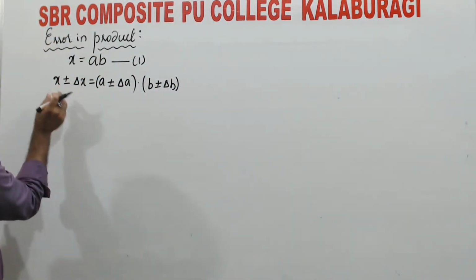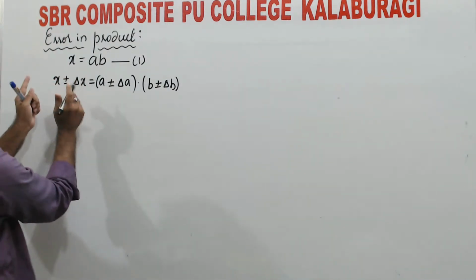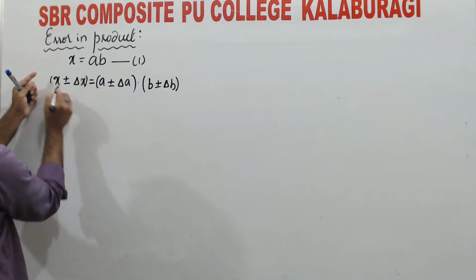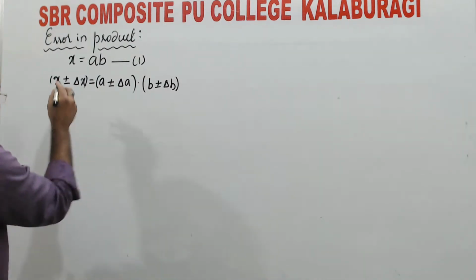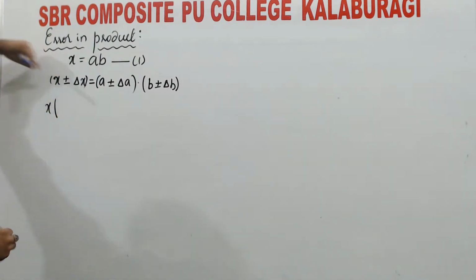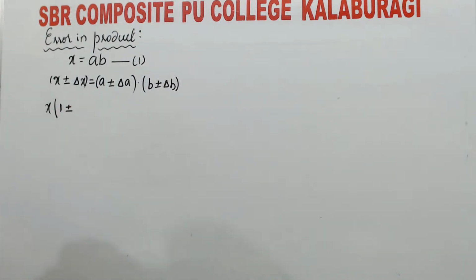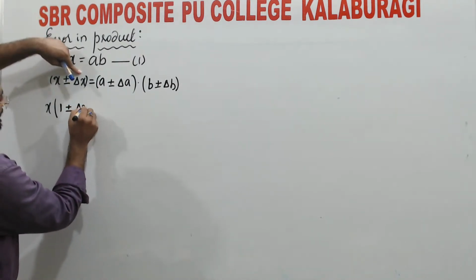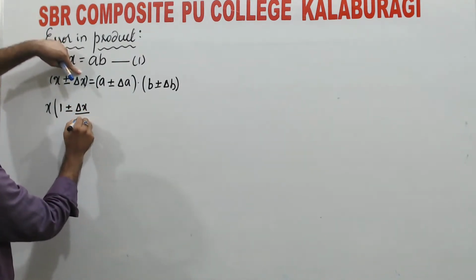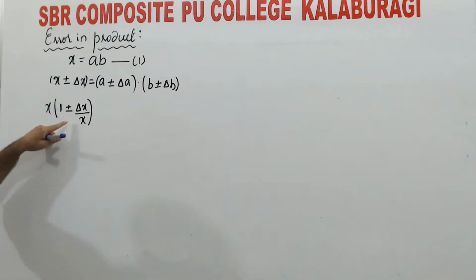Now here, if I take x common in this bracket, what will remain? If I take x common, then x will be outside: 1 plus or minus delta x divided by x. How do I know whether it is wrong or right?